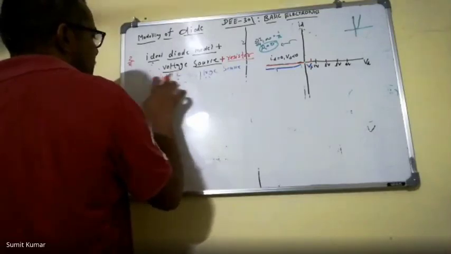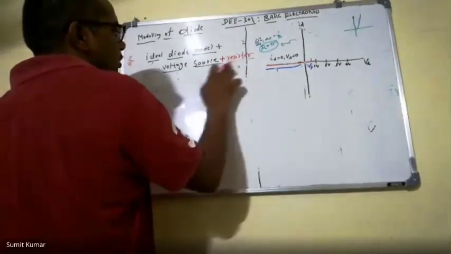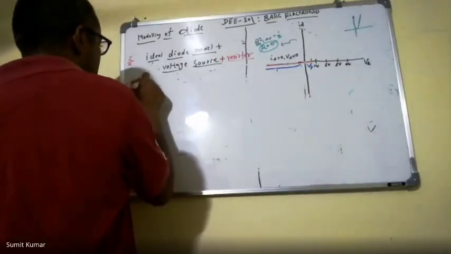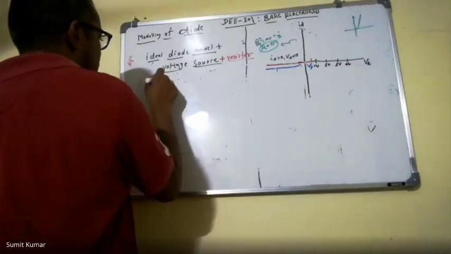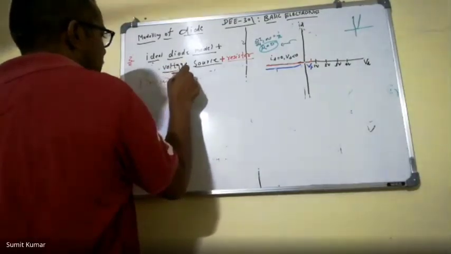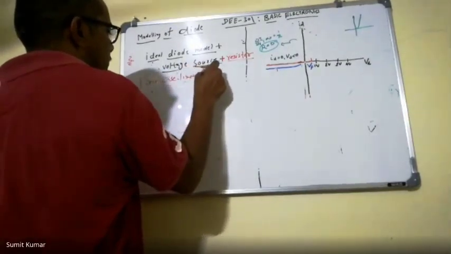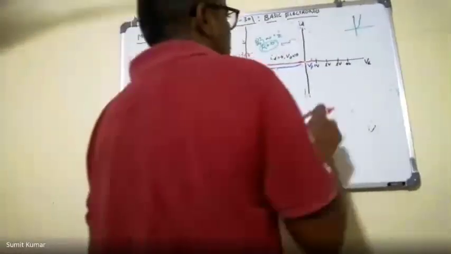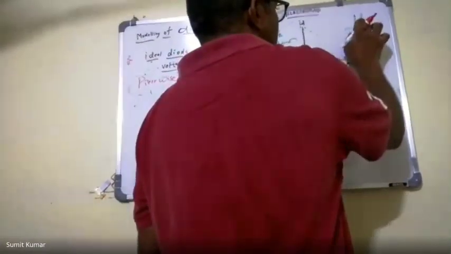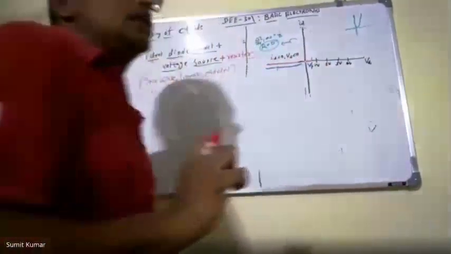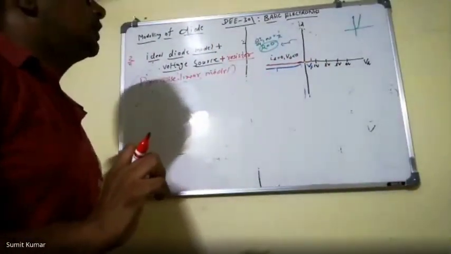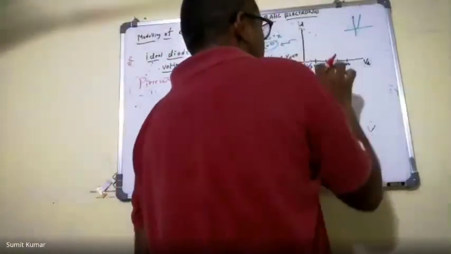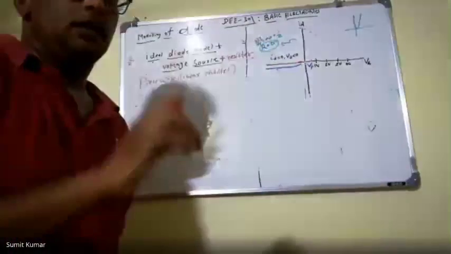In some textbooks, you will find this is also called the piecewise linear model. In this model, we also take the slope into consideration, and the model will be linear, because we approximate all those non-linearities.